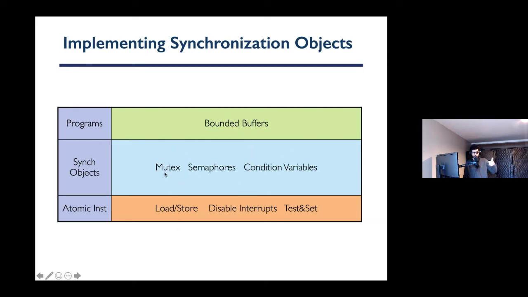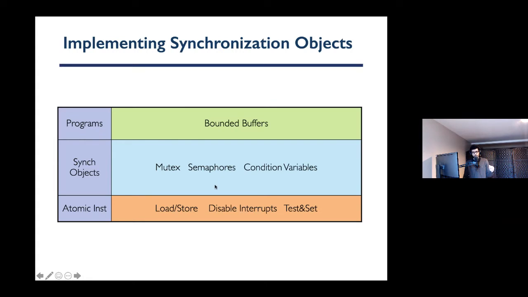You used mutexes, you used semaphores. You saw a little bit about condition variables. What you're going to see now in ECE 350 is how we can actually implement these. How can we implement mutex? How can we implement semaphore? How can we implement condition variables?